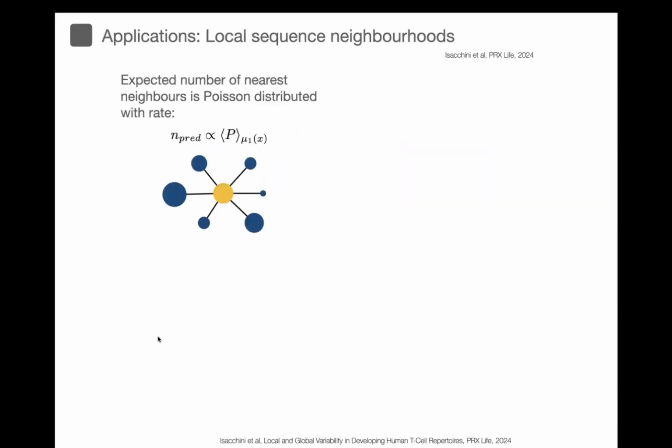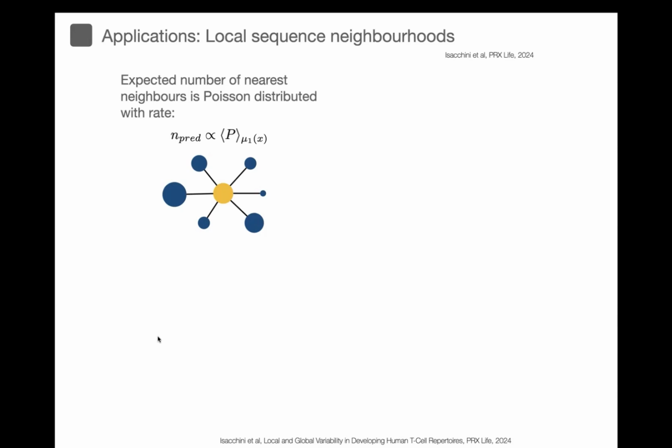Another thing that you can do is to look at the local neighborhood. So far we have been shown this VDJ recombination model and these selection models that are trained on broad summary statistics of the repertoire.